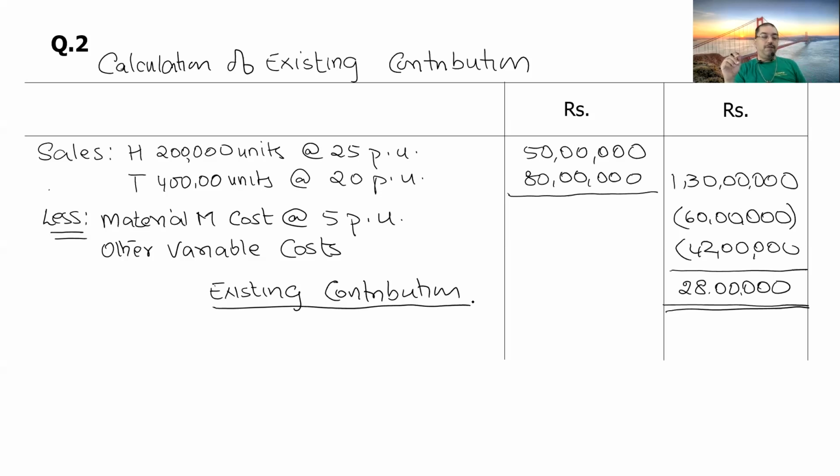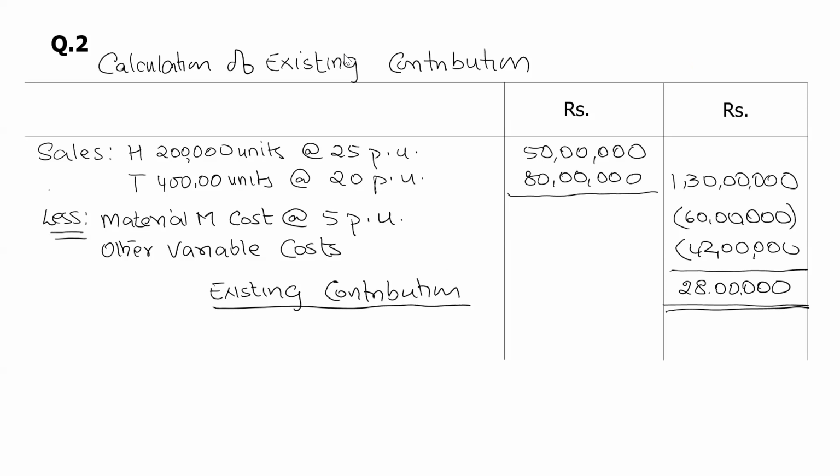Now what they are saying is that if we have received an additional order for 40,000 units, and the selling price of which is 15 rupees. So if I accept that order, what is going to happen?